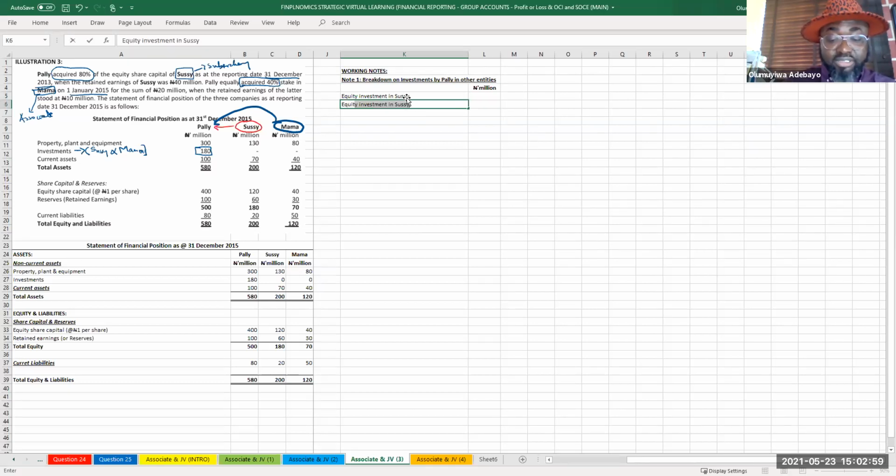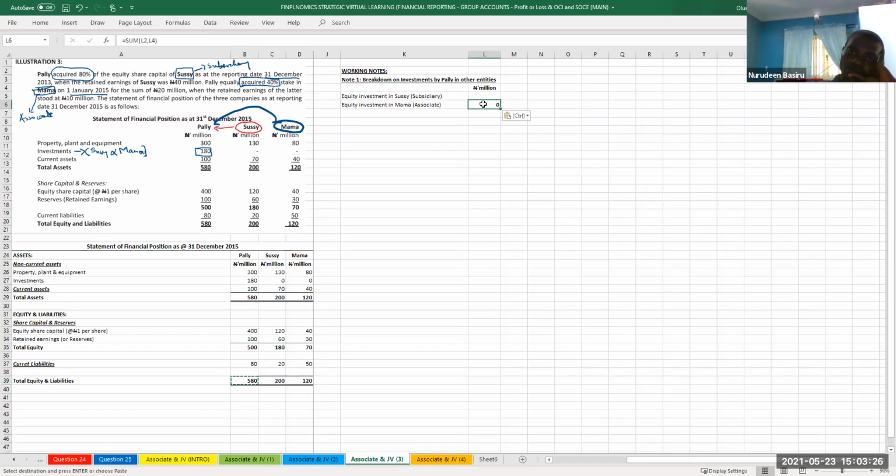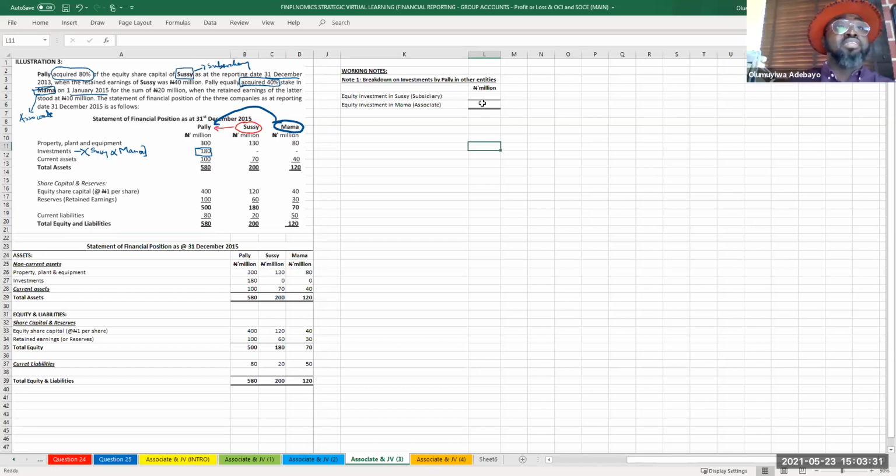You also have an equity investment in Mama. And we have described Suzy as a subsidiary. And we have described Mama as an associate. And what is the sum of those investments? The sum of the investment is said to be 180 million.